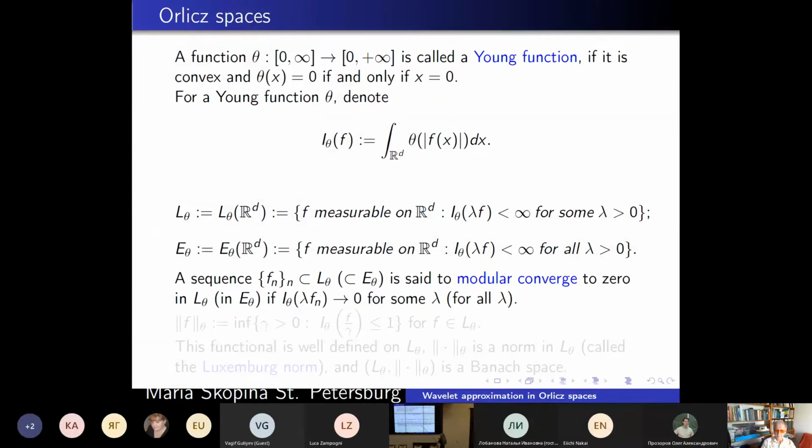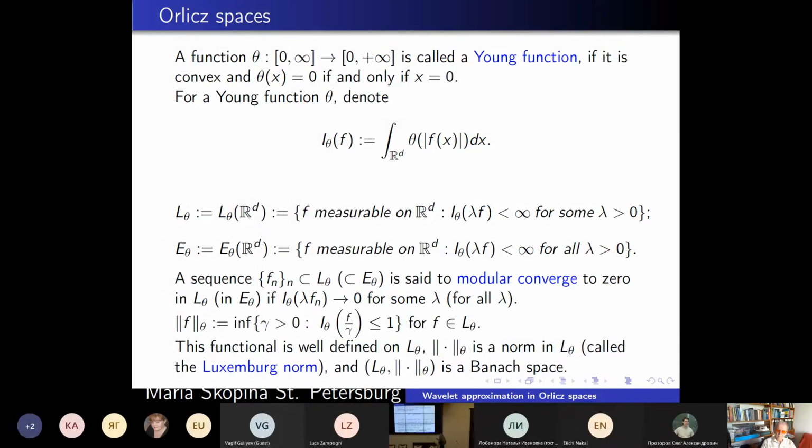A sequence modular converges to 0 in L theta if this relation holds for some lambda, in E theta if this relation holds for all lambda. And there is a norm in Orlicz space.